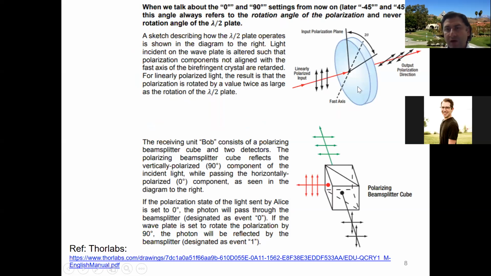Now, let me show you this component, so I'll stop the share. This is basically something like that. Let me quickly remove my background so you can see it. Okay, this is what's called a half wave plate.